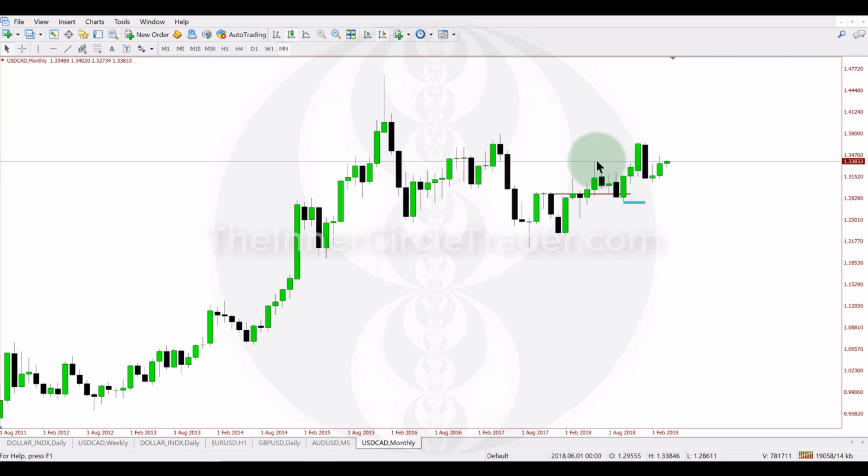Well, we have this old high right here. And we also have these old equal highs relative. This is our draw on liquidity, this high here. So we know that if this is a monthly chart, this level right here may be something else on a weekly chart. Or it may be something on a daily chart of greater significance.